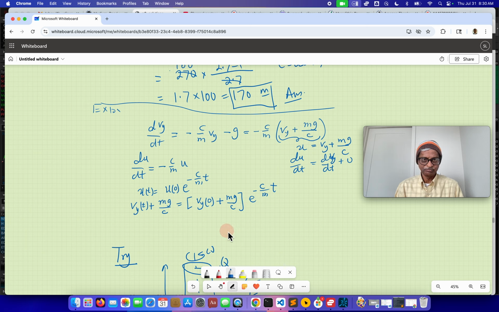Okay. And then you can bring this mg over c to the other side, and this whole thing is constant, so this will be dy dt, and just integrate this whole thing with dt.